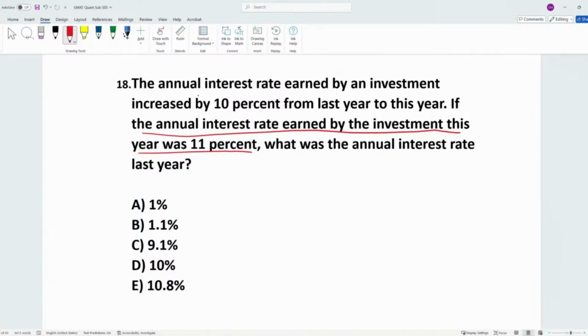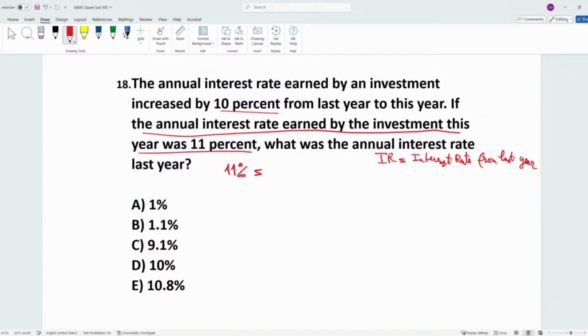Okay, and it says that the annual interest earned by an investment increased. So that means that this 11% is actually an increase of the interest by 10%. So simply 11% is equal to, let's say IR is equal to the interest rate from last year.